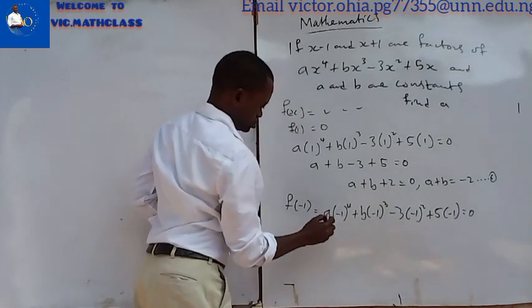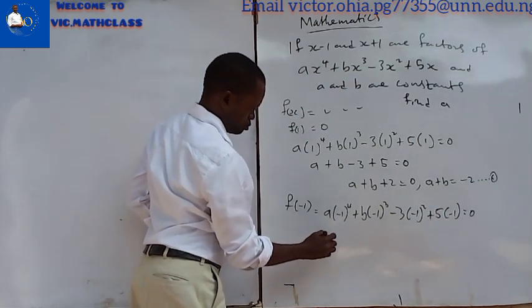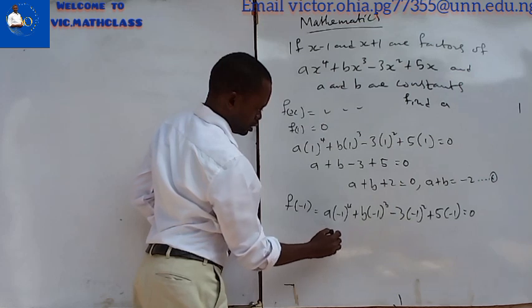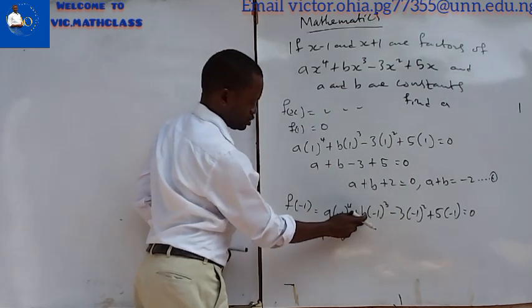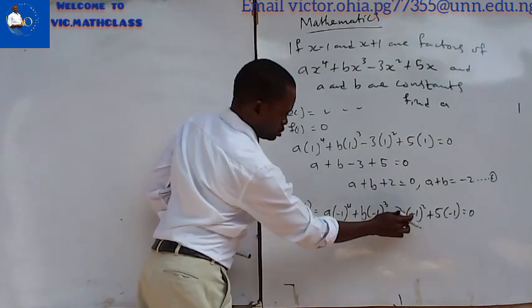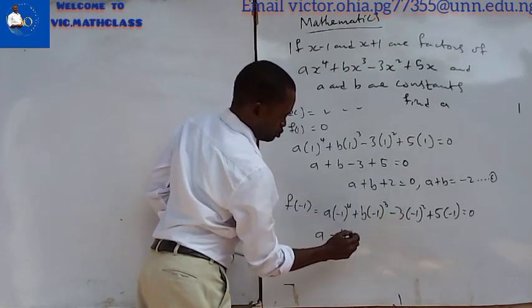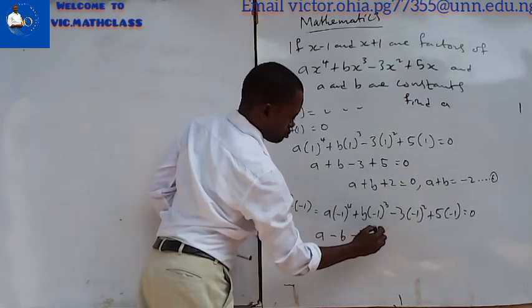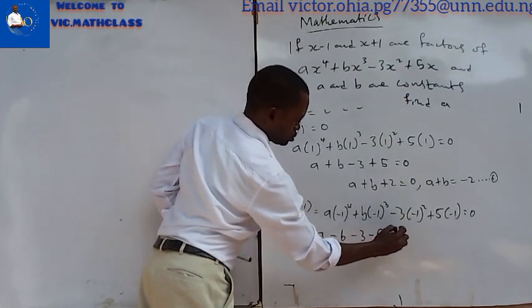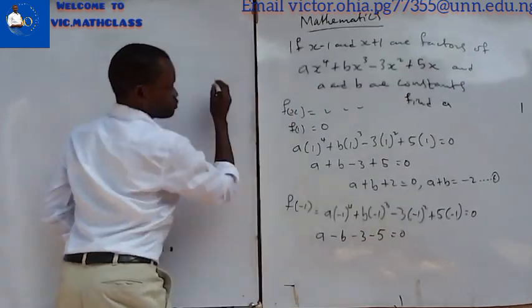So this is going to give me a, and this is going to give me minus b, because minus 1 raised to power 3 is minus 1 times b, which is minus b. Then this is 1. Of course, here will be minus 3. And this is minus 5. So what do I have?